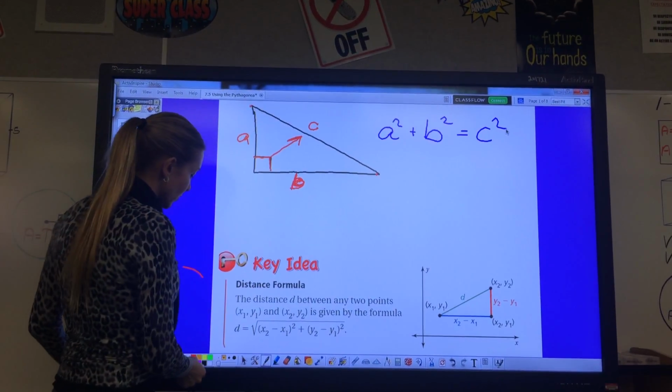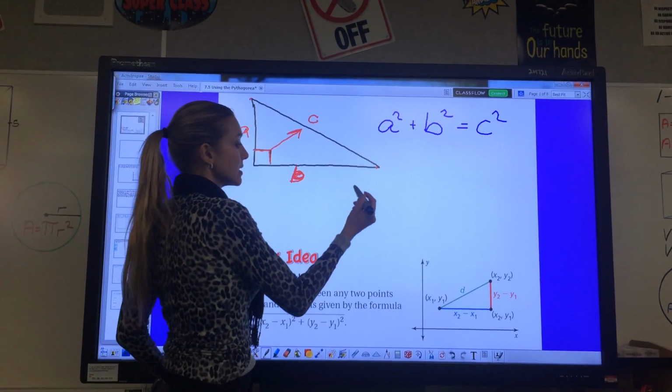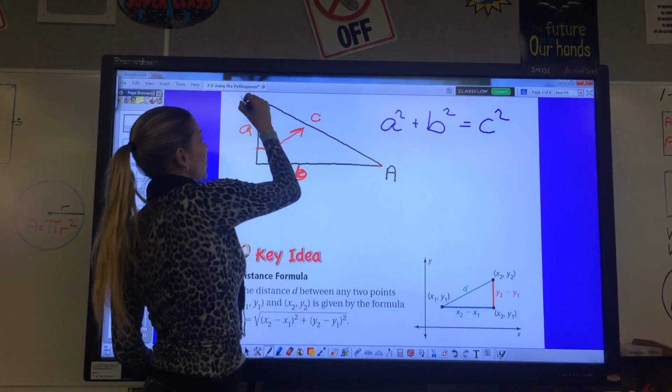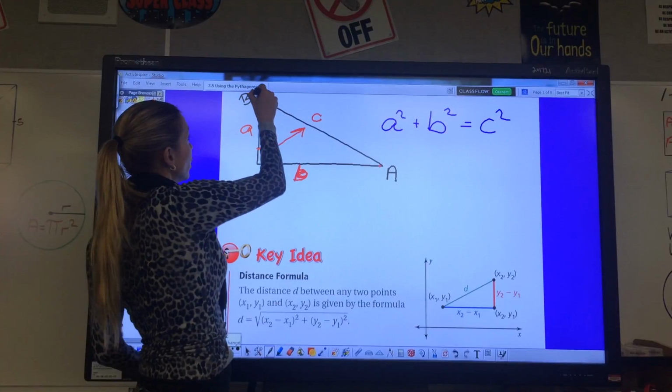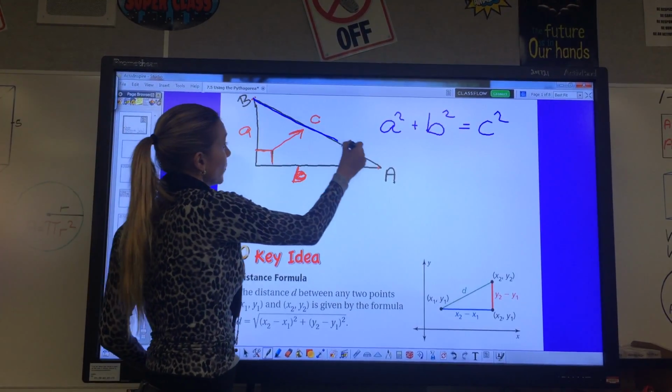If I told you, please tell me what is the distance, if I say this is point A and this is point B, just to give you an example. What is the distance from point A to point B?